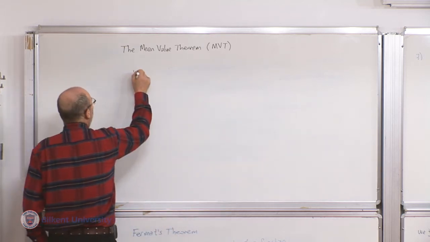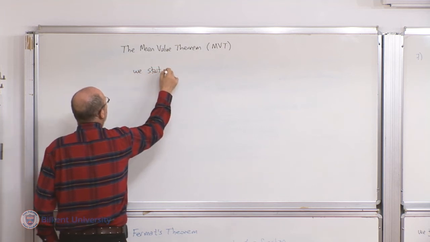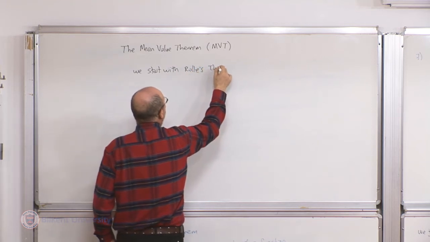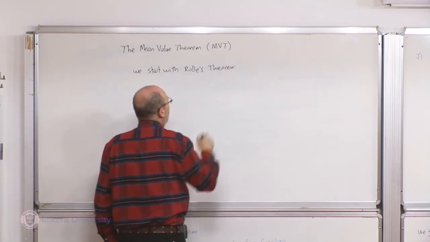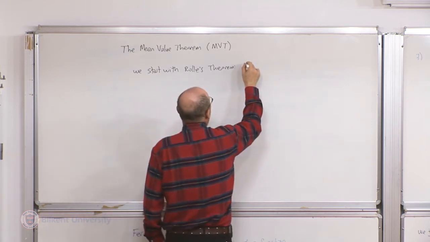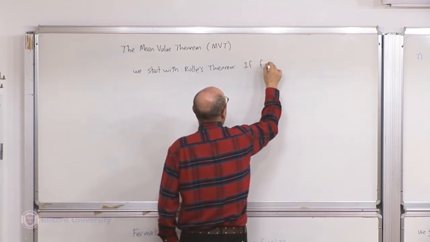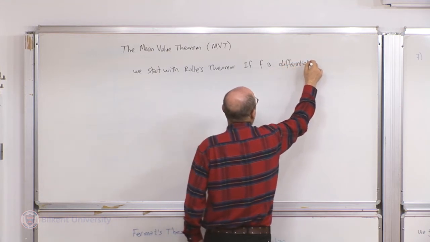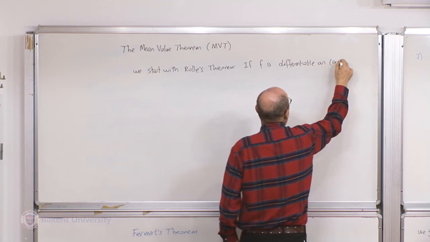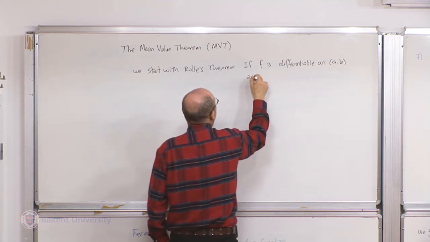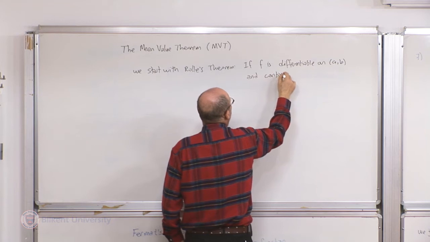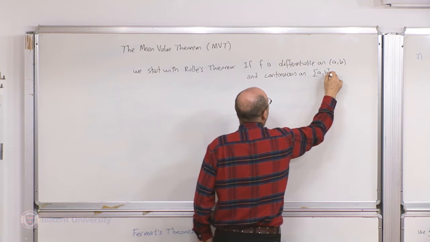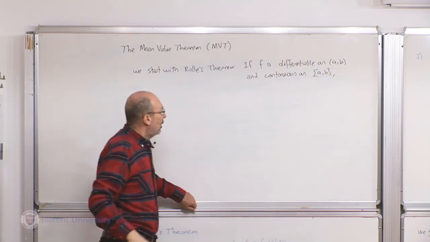So we start with Rolle's theorem. Rolle's theorem says that if f is differentiable on an interval and continuous on [a, b].